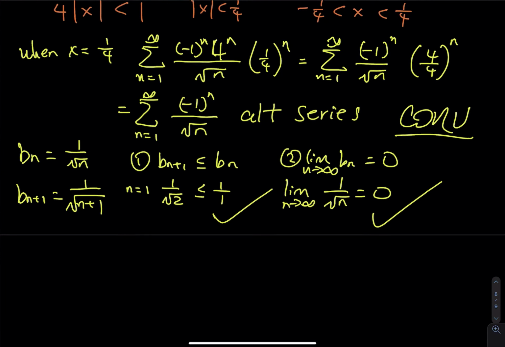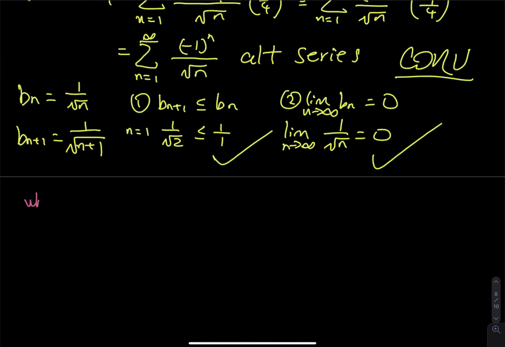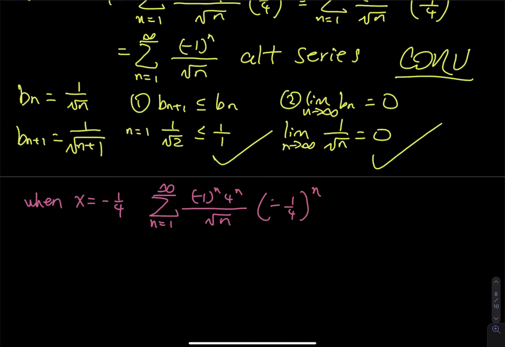The testing is long. So when x is equal to negative 1 over 4, we change the x to negative 1 over 4. So let's copy everything else, and then change that to negative 1 over 4 raised to the n. So here we have the 4 raised to the n, right?